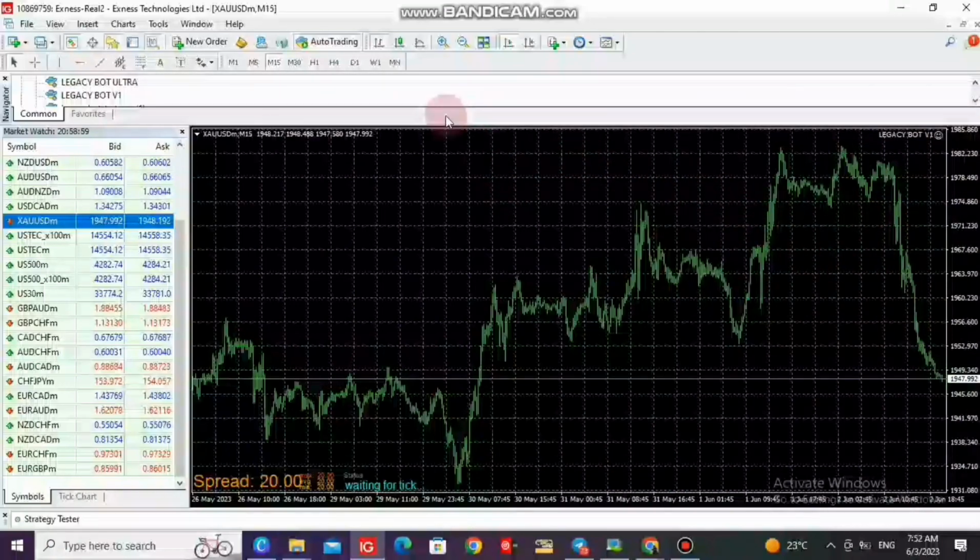In some instances it might be a frown face. The reason being, when it shows that frown face is when you have turned off your auto trading. That means the bot is not working, but when it's working you will see a smiley face. So with that being said, let's move on to the strategy testing results.